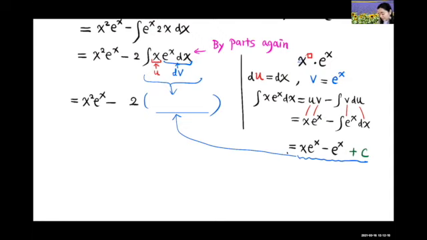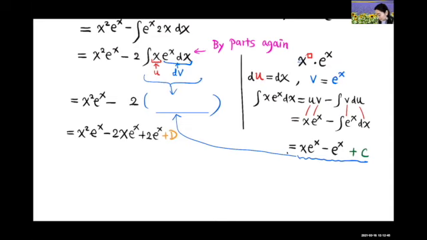Okay, and now let's distribute the -2 inside the parenthesis. So that is equal to x squared e to the x minus 2x e to the x plus 2 e to the x, and then plus a constant, let's call the constant d.